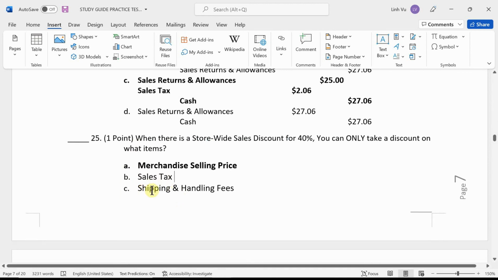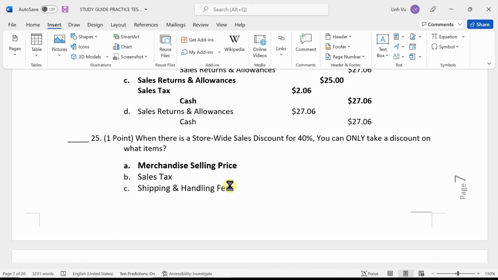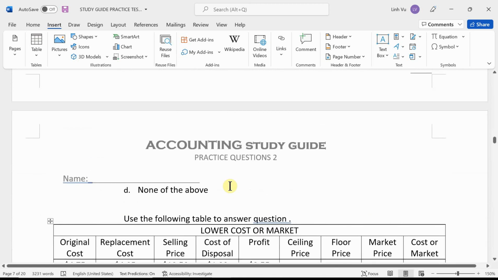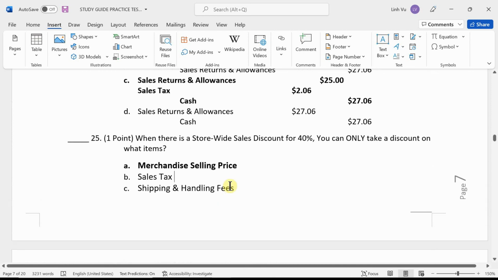You can't discount shipping or handling. We talked about this. You can't go to FedEx and say, hey, give me a discount. They're going to laugh at you, because that's not how the system works. It's based on weight, the size of the box, and what's actually in it. And D says none of the above, which isn't true. You can discount merchandise selling price.